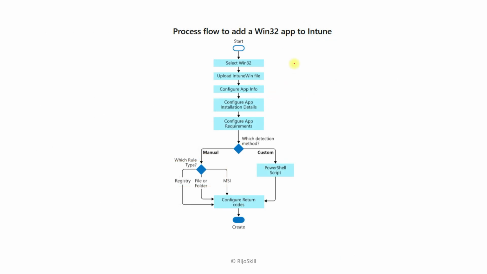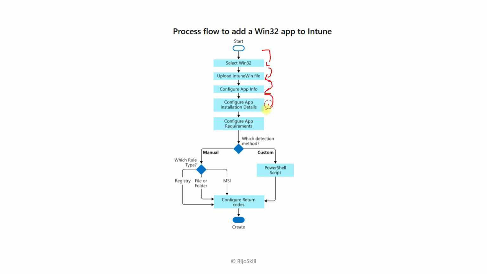Next we will check the process for the Intune application. First you need to select the app type, Windows app (Win32). Then after that you need to upload your .intunewin file. It will check the application file size and everything. Then in the app information configuration, it will show all the information related to the application, otherwise you need to enter the application information.